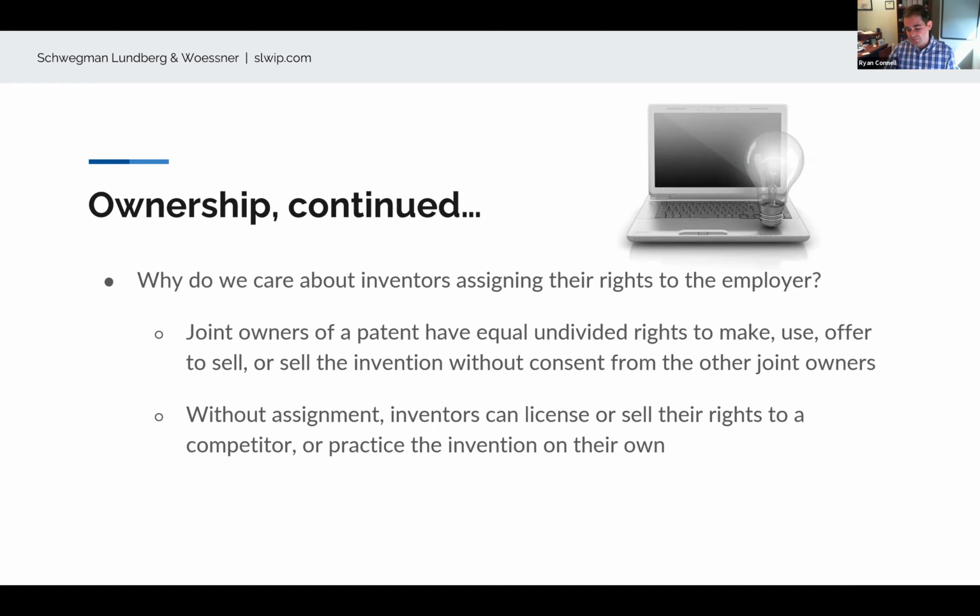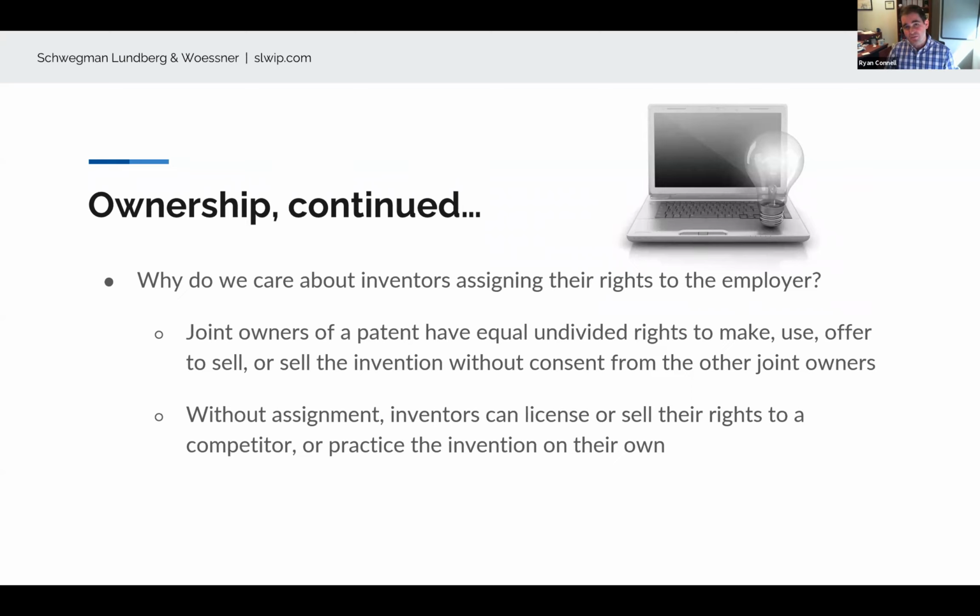Say that company A was planning to do an exclusive license with company B, but then that rogue 4th inventor decides to sell or assign his or her rights in the patent to company C. Well, that undercuts the value of that exclusive license to company B. So you really have to make sure that your assignments are buttoned up, and that anyone who is an inventor has assigned fully to that company.